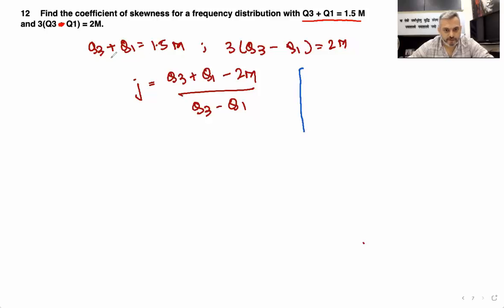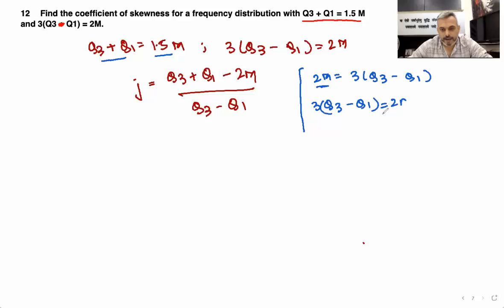Q3 plus Q1 is equal to 1.5 m, we already know, so we can substitute it. And 2m is equal to 3 (Q3 minus Q1). So 2m also we can use over here. But what about Q3 minus Q1? We solve it. 3 (Q3 minus Q1) is equal to 2m. Therefore, Q3 minus Q1 is equal to 2 by 3 m. So we'll be using these results over here.